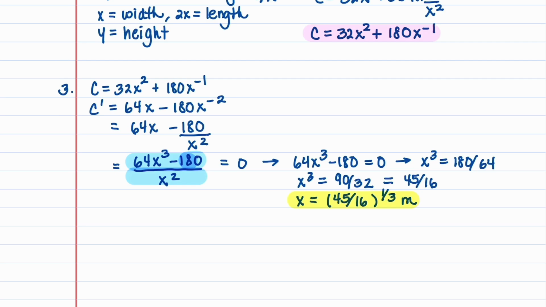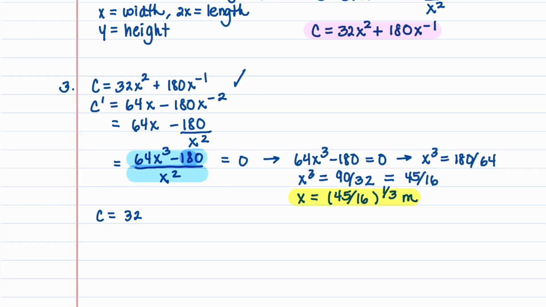Now we can go ahead and find our cost because that's what we want to minimize. Our cost right up here is 32x squared, and that is 45 over 16, because it's squared, we have a 2/3, and then we have plus 180, and our x is 45 over 16, and it's to the minus 1, so this is minus 1/3.